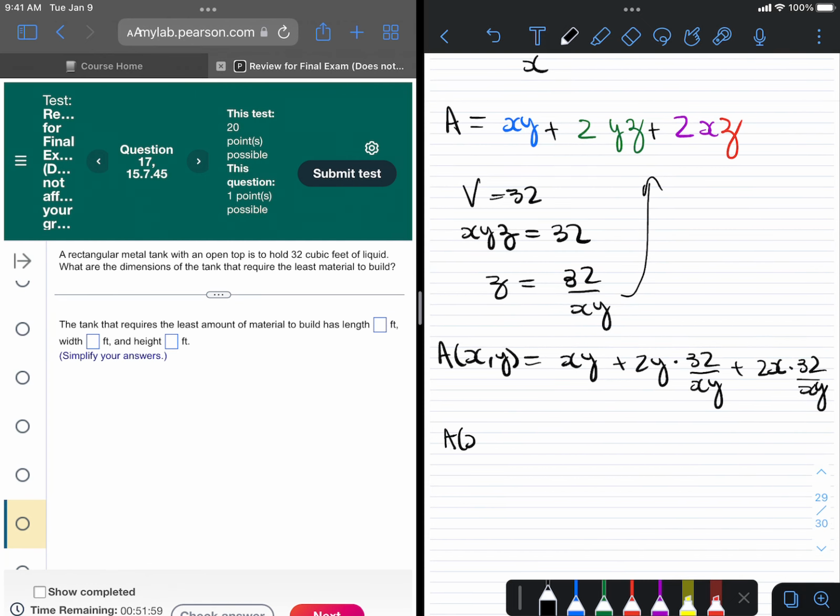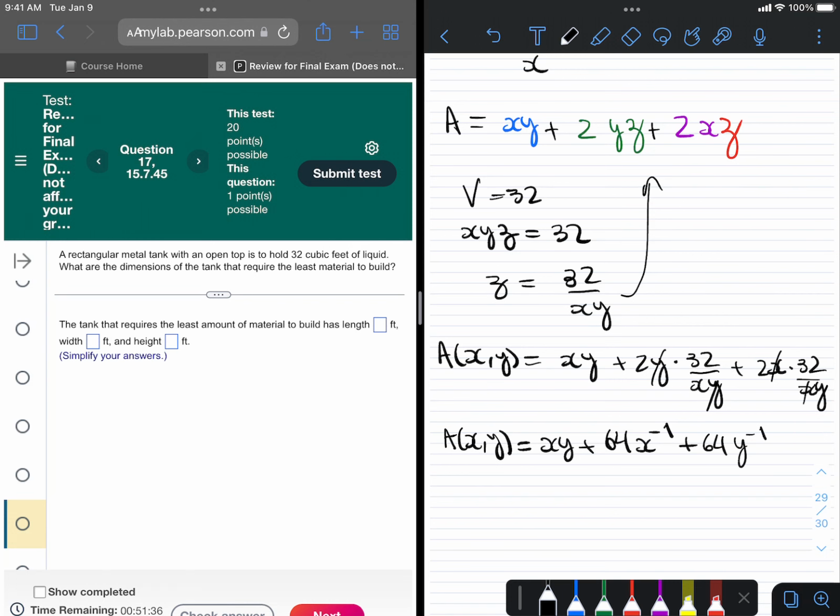So if I write that a little better, that is a function of 2 variables we need to minimize. So that will be, canceling the y's, xy plus 64 over x, and canceling the x's, plus 64 over y.